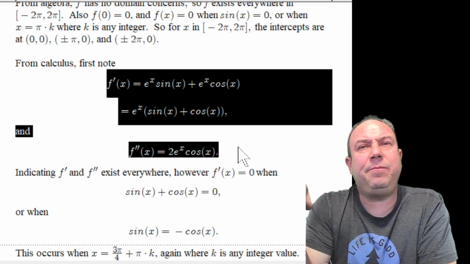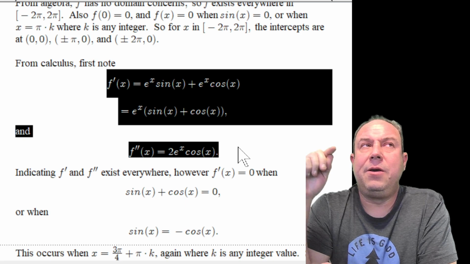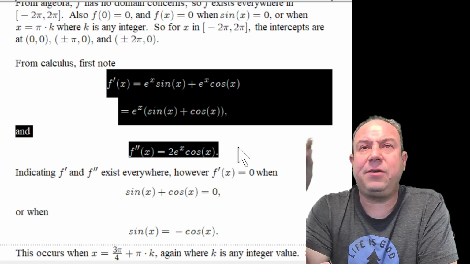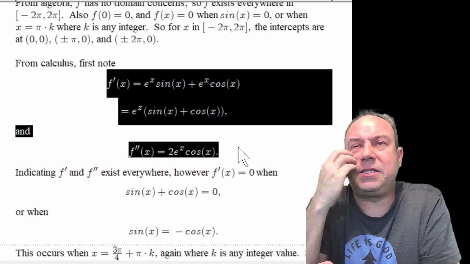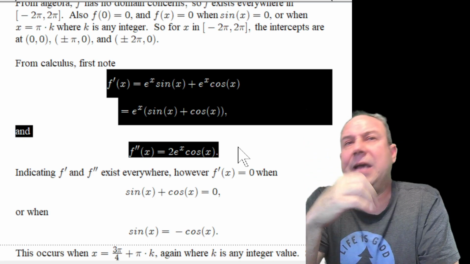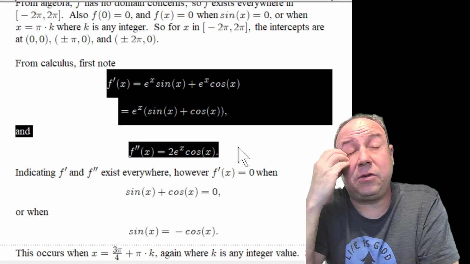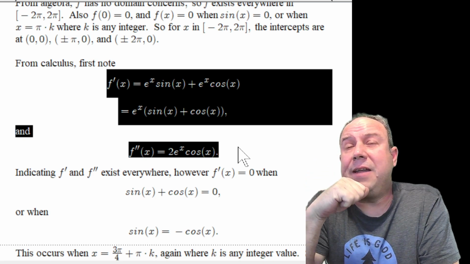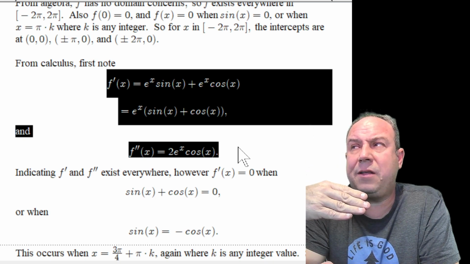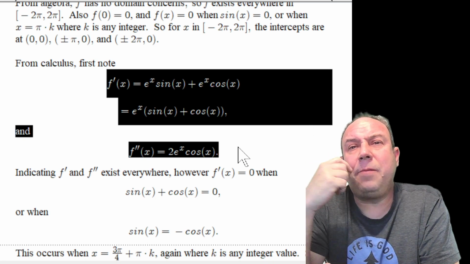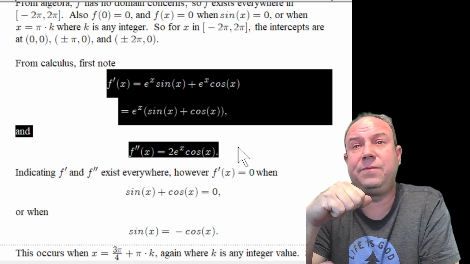F prime gives us information about locations of extreme values, vertical asymptotes, critical points, I might say, and intervals of increasing and decreasing, which could lead to extreme values. And f double prime allows us to test for extreme values and to help us find inflection points and our intervals of concavity.